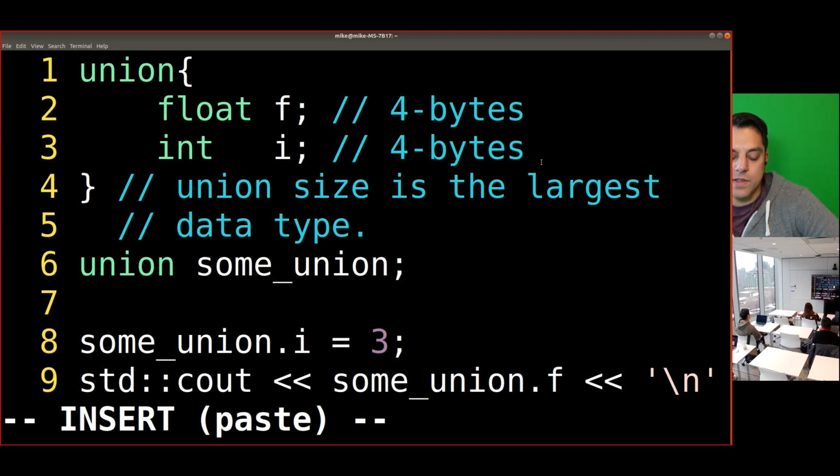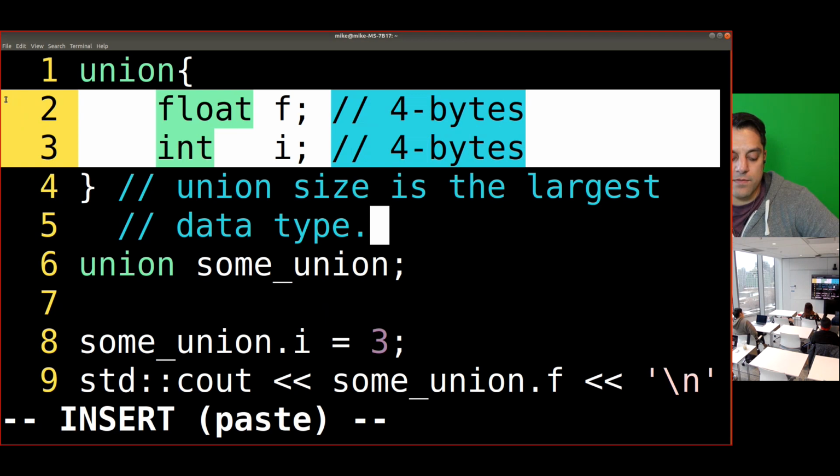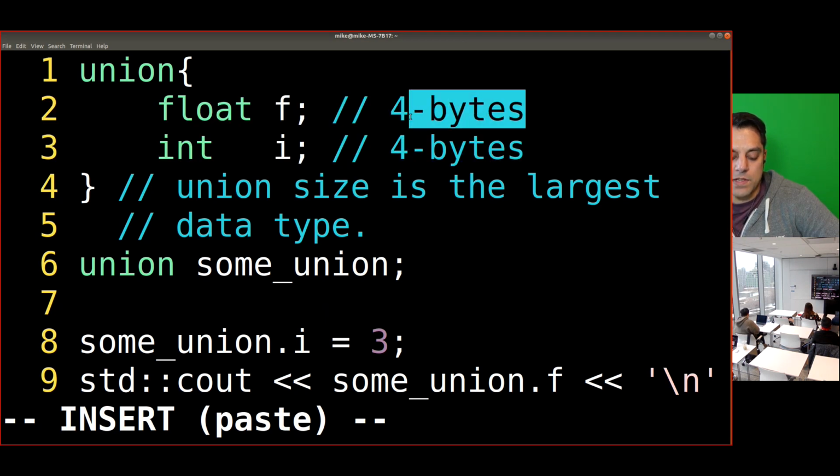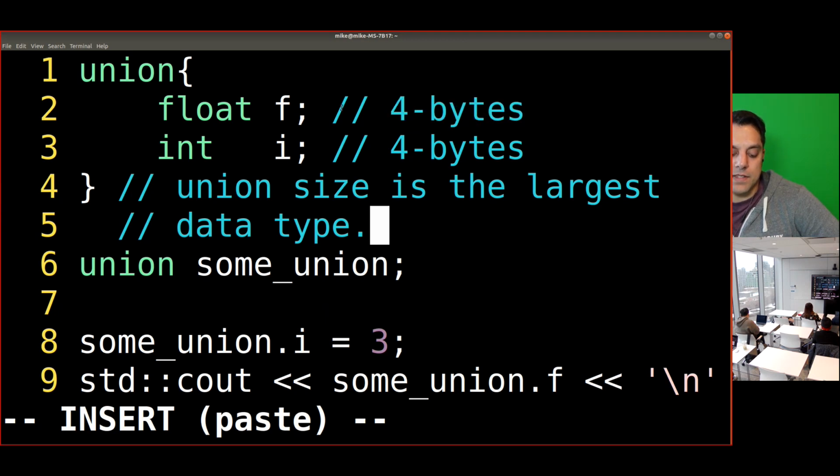So even though I have 2 member variables here, I'm only using 4 bytes of data. Sometimes I want to interpret it as a float, sometimes as an integer, whatever happens to be in that 4 bytes. Does that make sense to folks? Any questions about that?